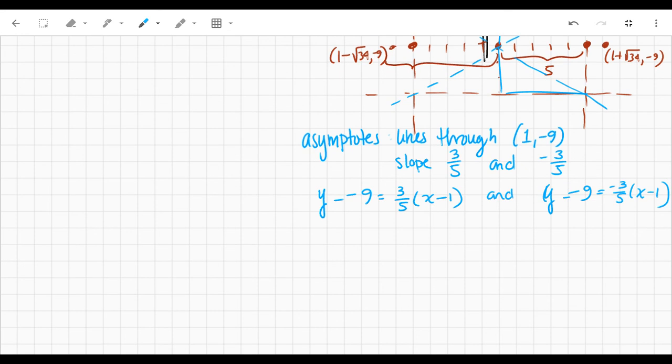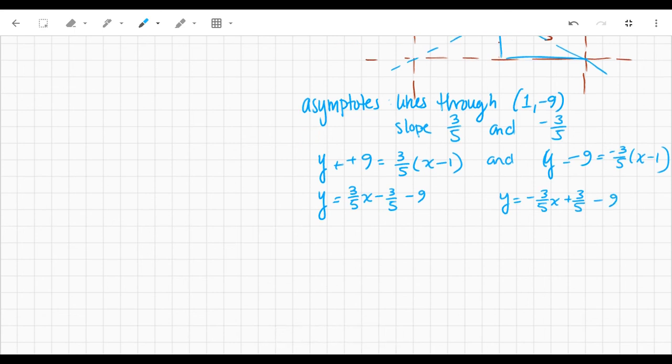Okay, so y would equal, distribute your 3/5, 3/5 x minus 3/5. This would be a plus 9, so subtract 9. Over here, we'd have y equals negative 3/5 x plus 3/5 minus 9.